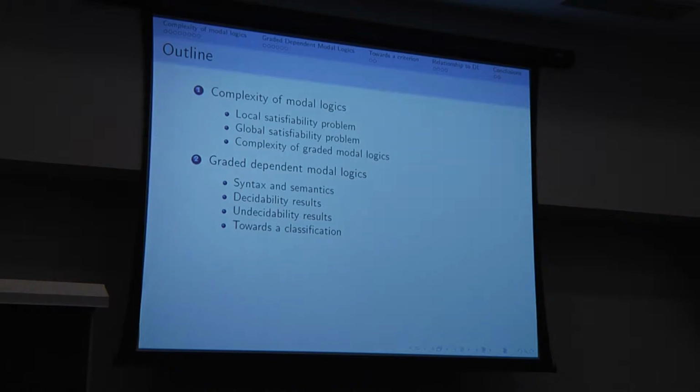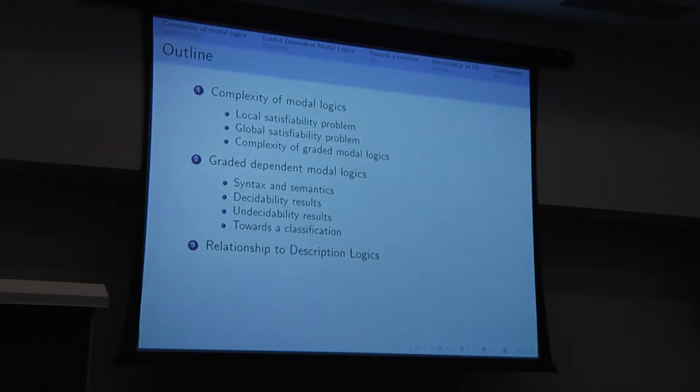Next I will pass to the main part of my talk about these graded dependent model logics. I will define syntax and semantics, show some decidability and undecidability results, and some not completely solved problem of classification of these logics with respect to decidability.